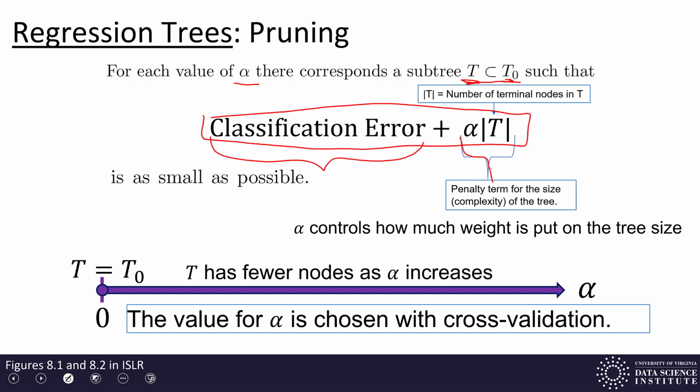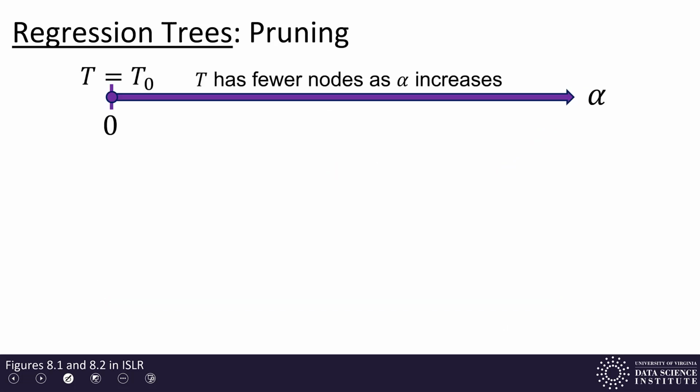Here's our classification error, and then this piece here is our penalty for the size of the tree. Remember, these absolute value bars are the number of terminal nodes in the tree, so that measures the size of the tree. And alpha is how much we're penalizing for the size of the tree. We want to make that as small as possible.